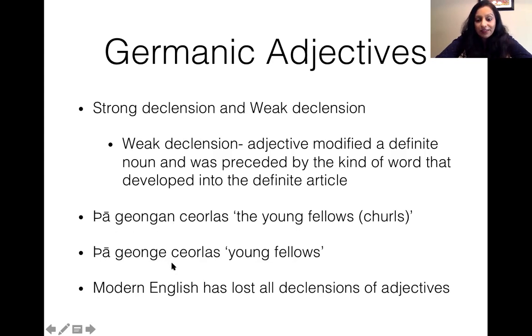Adjective declensions were very common, but modern English has completely lost it. So we don't have to worry about that in the current English that we speak. But we will look at this in more detail in Old English and Middle English. And if you're learning German or any other Germanic language, you will encounter this as well.